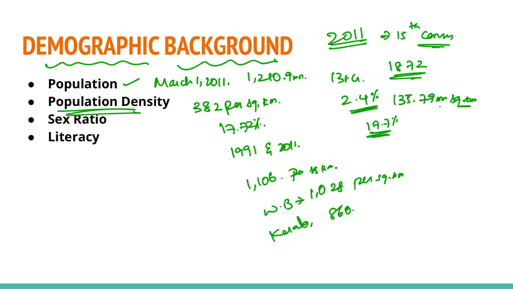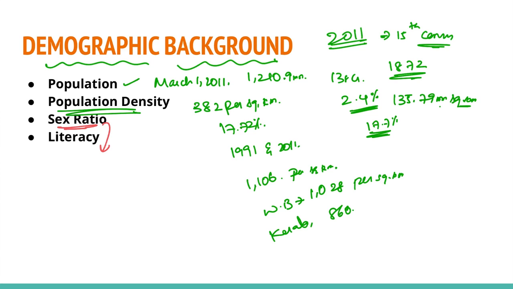Next, talking about the sex ratio. Sex ratio, defined as the number of females per 1,000 males, is an important social indicator to measure the extent of prevailing equality between males and females in society at a given time. The sex ratio in the country has always remained unfavorable to females.